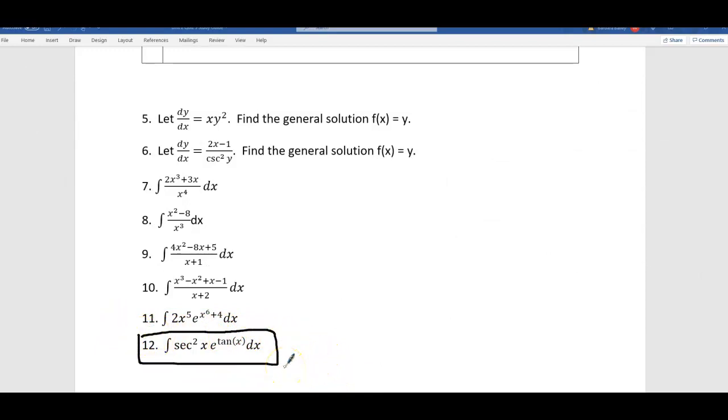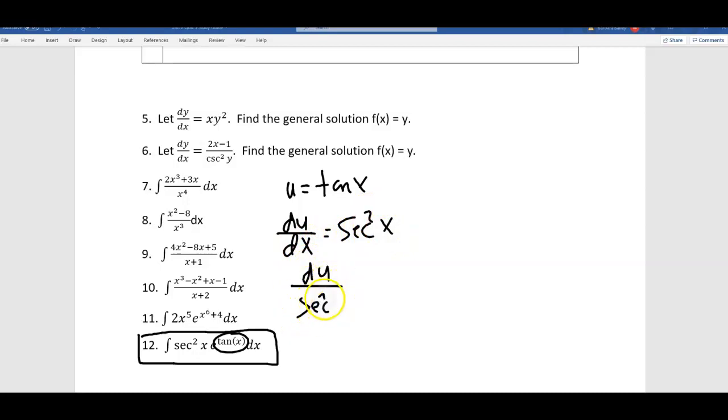Exponential problem. So in that case, our u is going to be the power. My derivative is going to be secant squared, and that's going to end up going on the bottom.